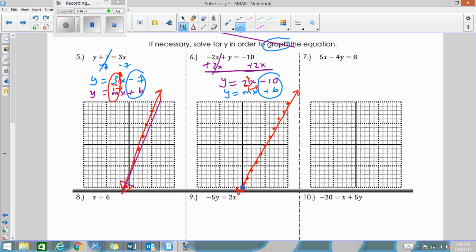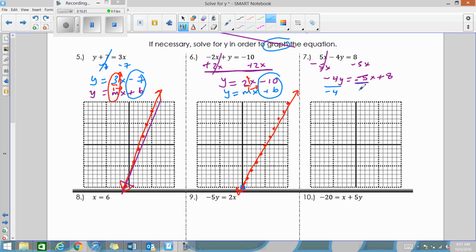All right, subtract 5x, subtract 5x. So that's going to cancel out, so you get negative 4y equals negative 5x plus 8. All right, so now we have to divide by negative 4.